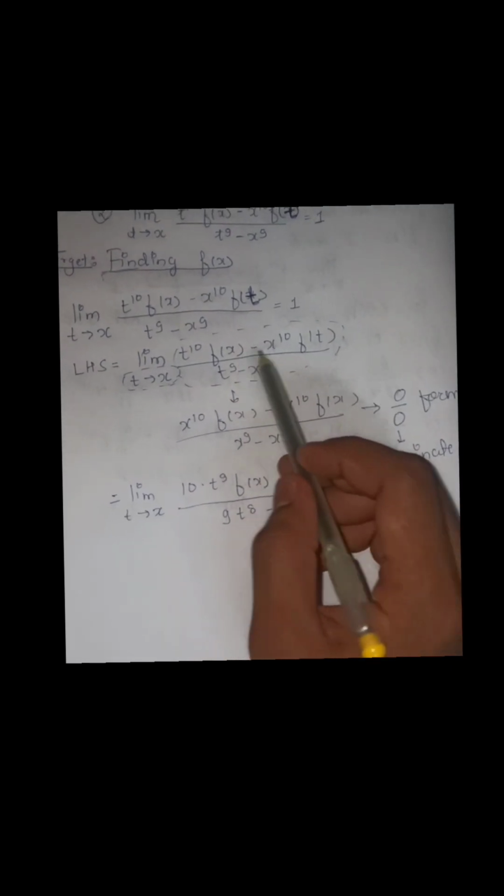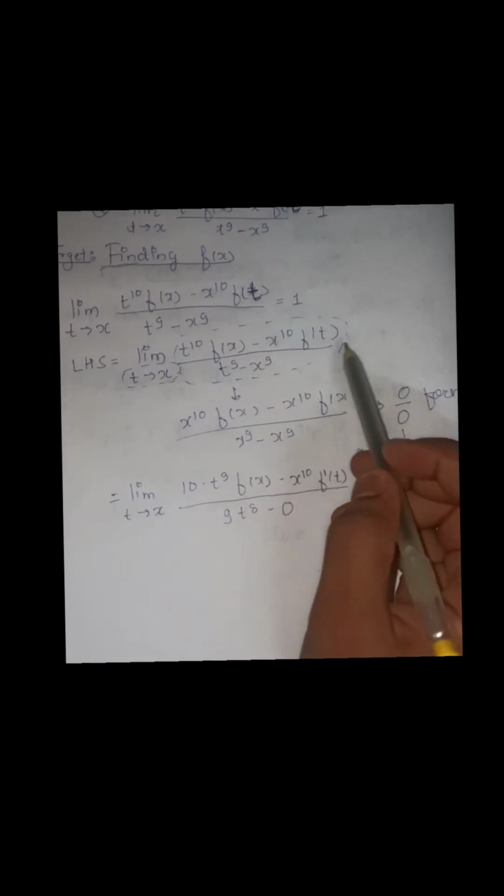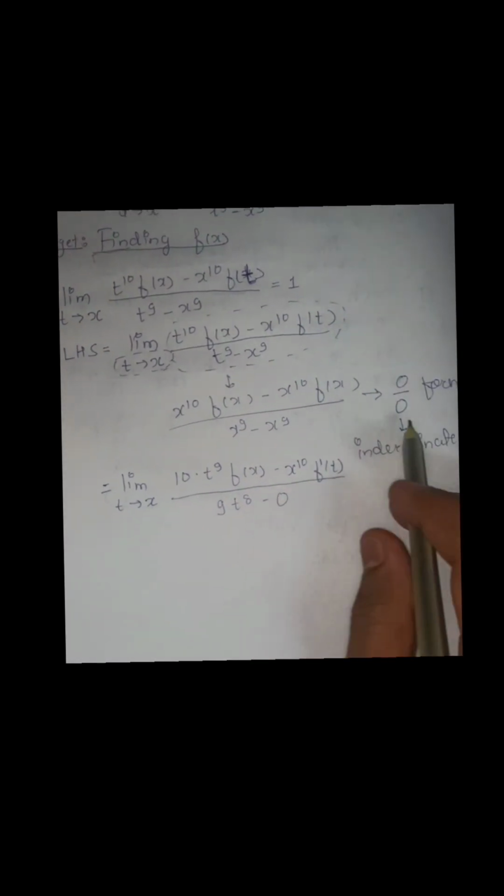0. See, because the variable term was t and not x, while applying the L'Hôpital rule, x is just going to act like a constant term. x is not going to move here, and our main target was t because t is the variable term.